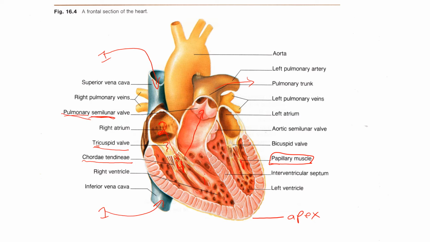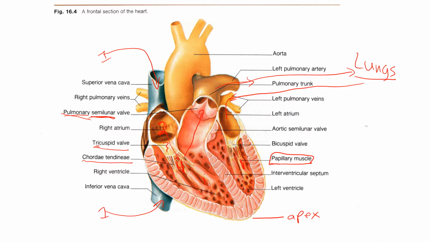Pulmonary semilunar valve. Okay, and it's off to the lungs, where a lot of oxygen is coming in, a lot of CO2 is coming out. Okay, then blood comes back from the lungs through the pulmonary veins, and it collects here in the left atrium.